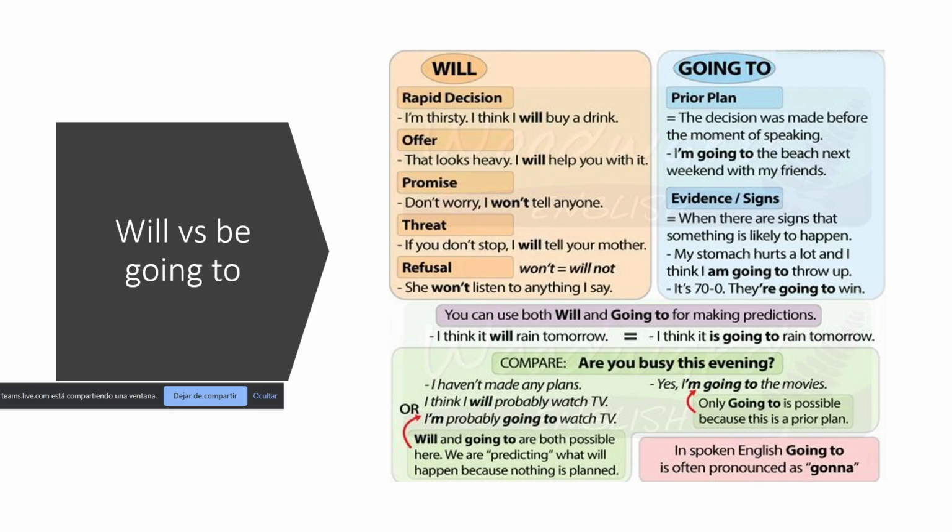Do you have questions about this? No. Okay, in spoken English, going to is often pronounced gonna. Some people say going to, for example, I'm going to take a class or I'm going to buy it.